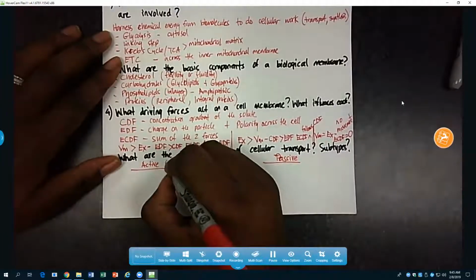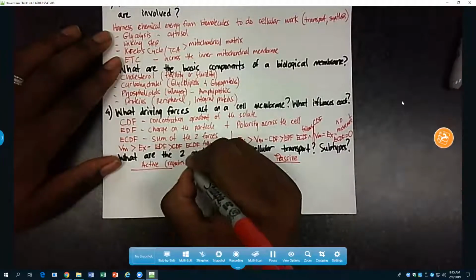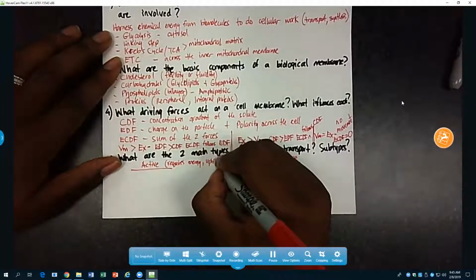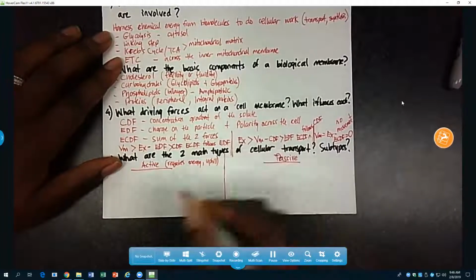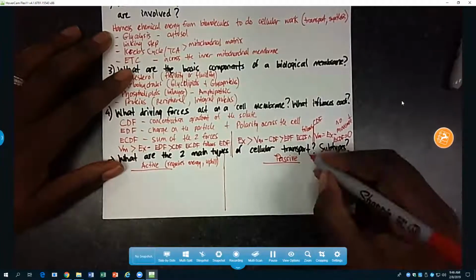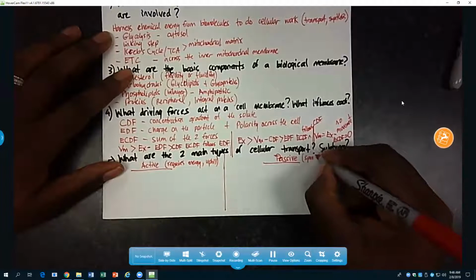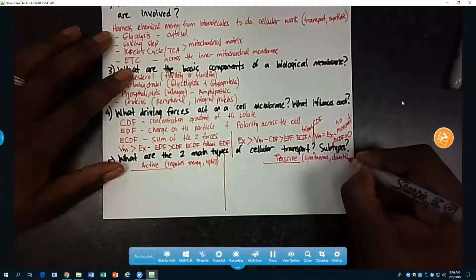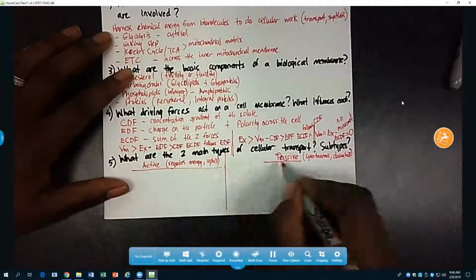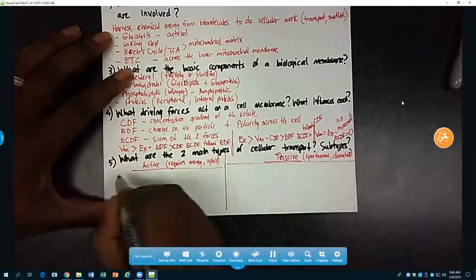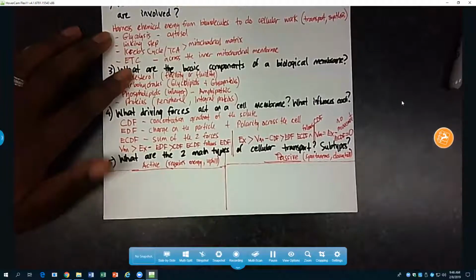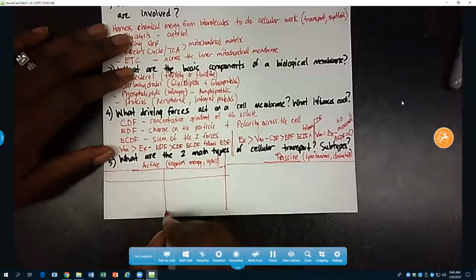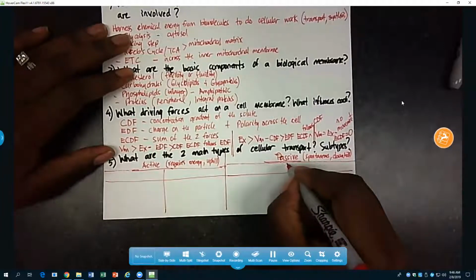Active requires energy, or we can say uphill movement, whereas passive was spontaneous, right? Or we'll say downhill. Okay, now what were the two subtypes of active and the two subtypes of passive?